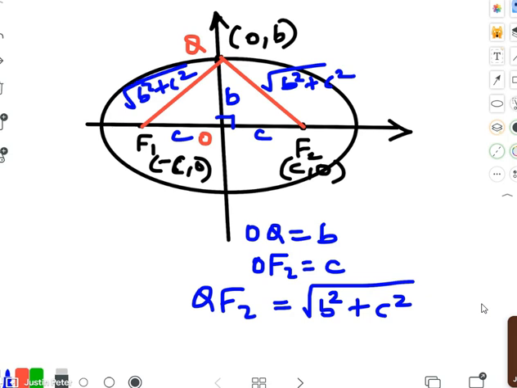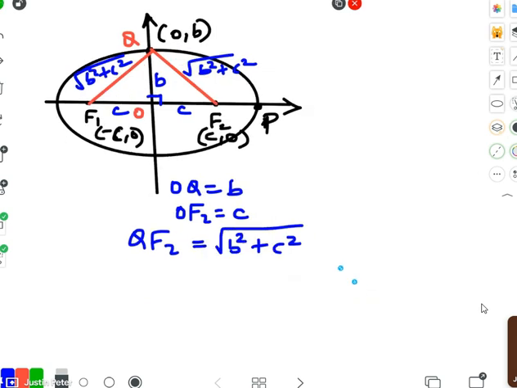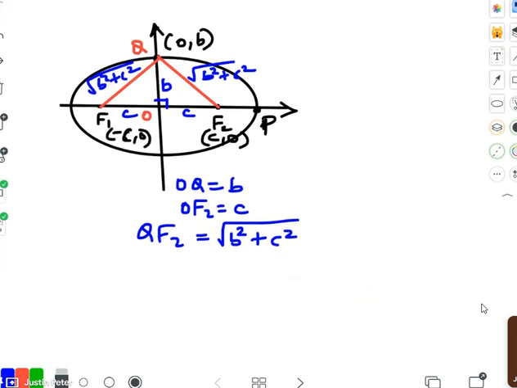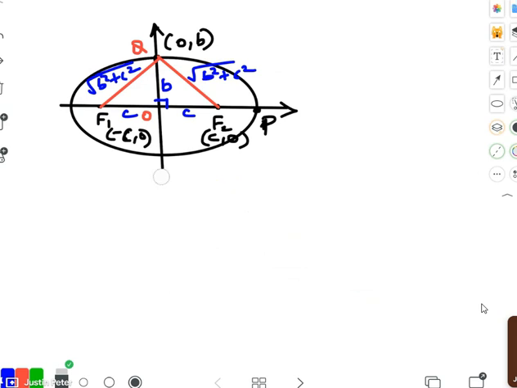Now, let's choose a point. We're going to consider a point P at one of the vertices. What will be the distance of the point P from the fixed points? What are the fixed points here? Once again, F1 and F2.